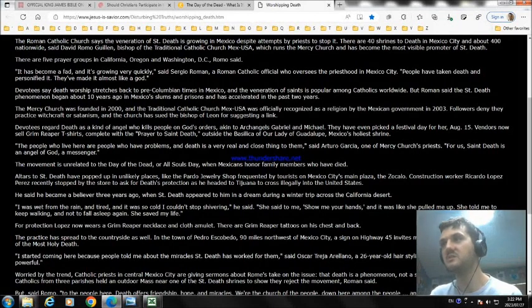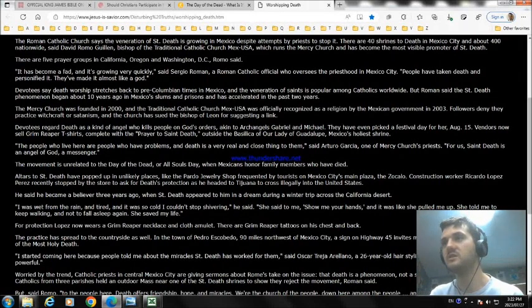They have picked a day, August 15th, to sell Grim Reaper T-shirts and images of the Saint of Death outside the Basilica of Our Lady of Guadalupe, Mexico's holiest shrine.